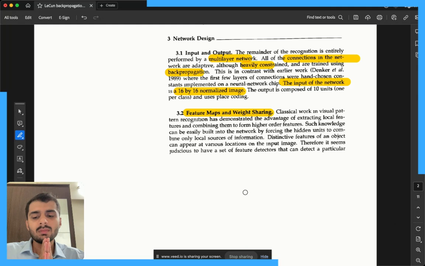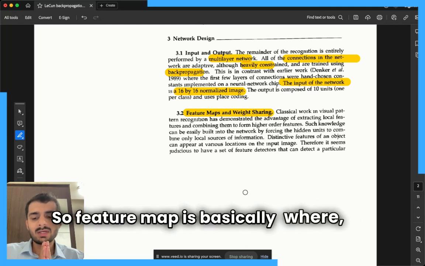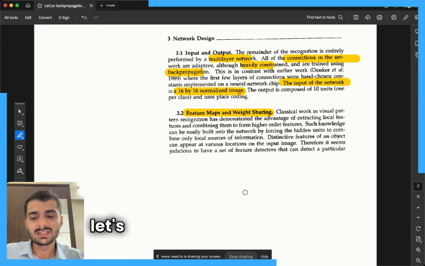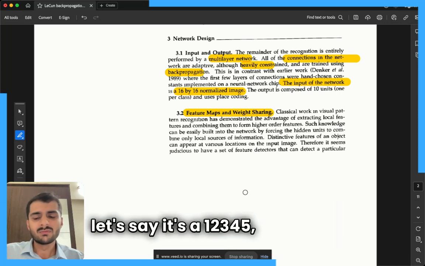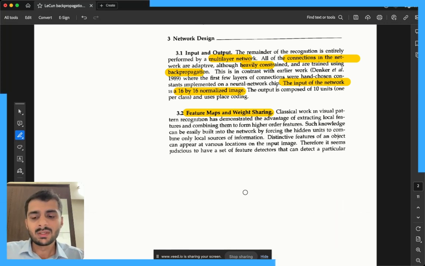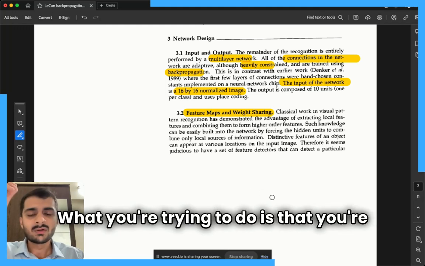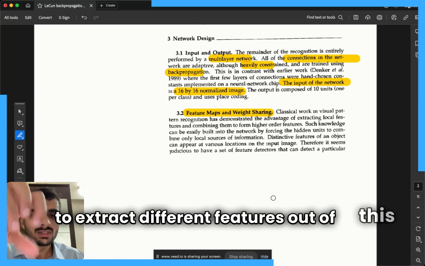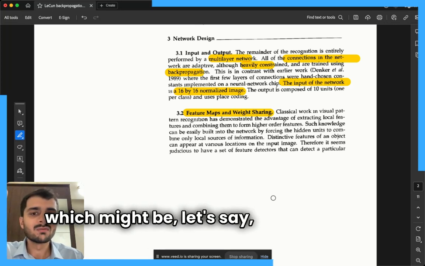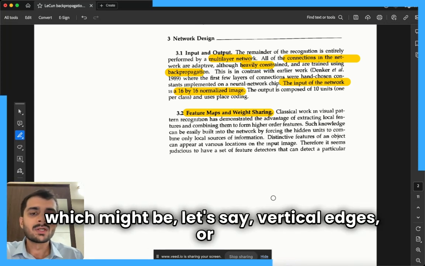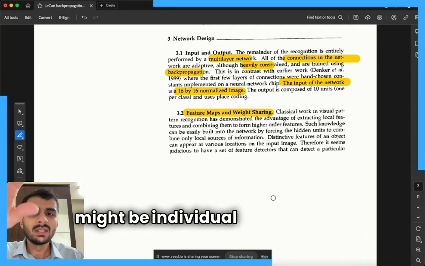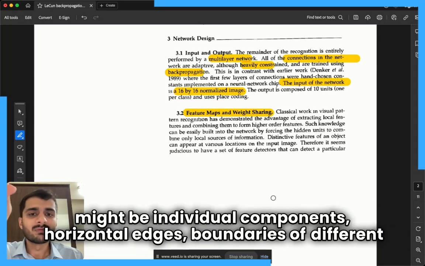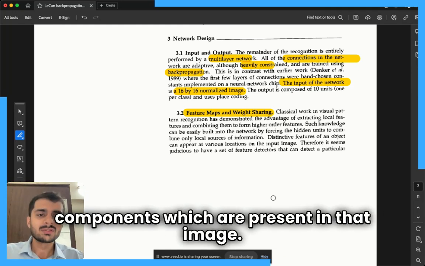A feature map is basically where, let's say you have an image. It's a handwritten digit. Let's say it's a 1, 2, 3, 4, 5, etc. What you're trying to do is extract different features out of this particular image, which might be, let's say, vertical edges, or individual components, horizontal edges, boundaries of different components which are present in that image.